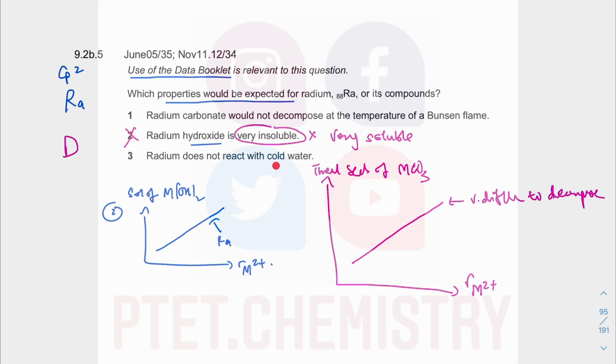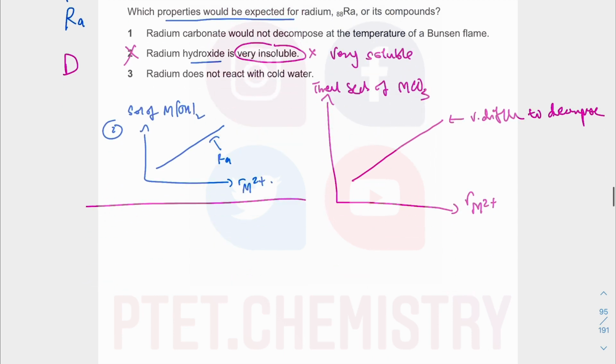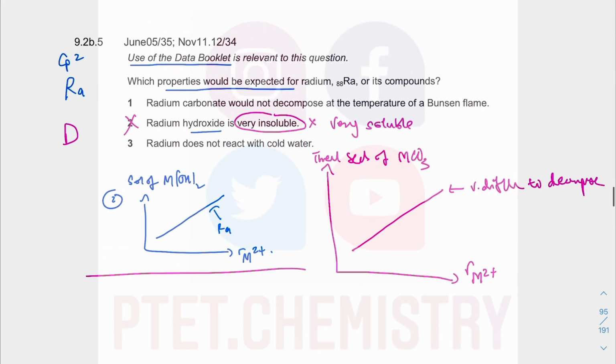Radium does not react with cold water. That is wrong, because when you go down group 2, your outermost shell electrons are held less tightly because you have more shells and increased shielding. It's easier for the radium to lose the 2 outer shell electrons. When you react a group 2 metal with water, you are oxidizing the metal to give you hydrogen.